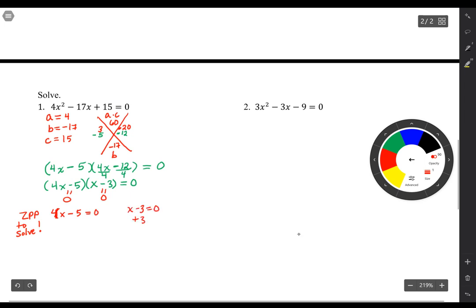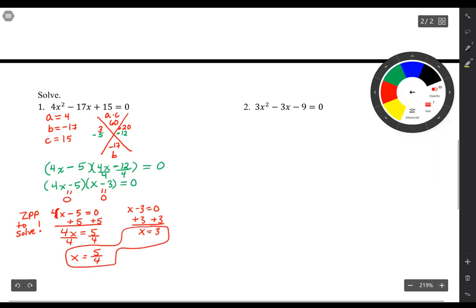This one's easier, so I'm going to do it. This one is going to take 2 steps. So add 5 and then divide by 4. And there's your two answers.